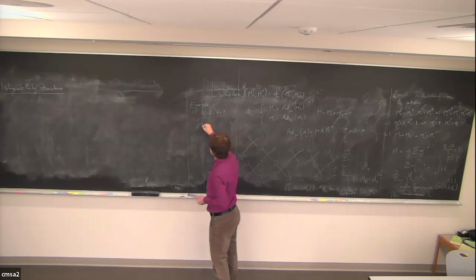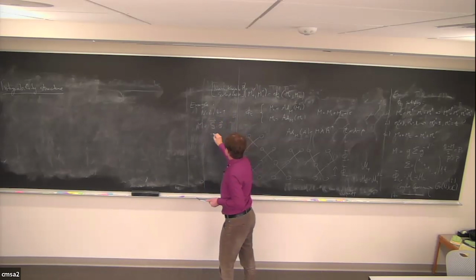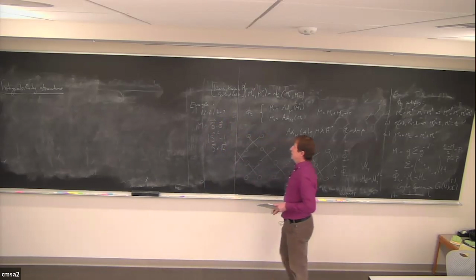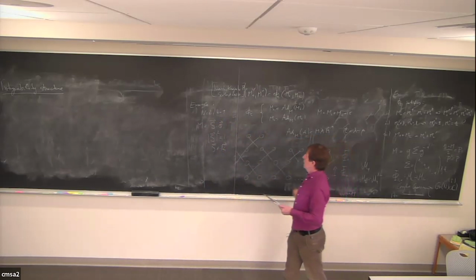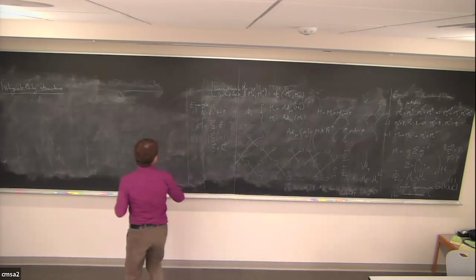Here these matrices are just S dot sigma, where S is a normalized vector from R3. So S is a point on a sphere, and sigma is a vector of Pauli matrices, and this has all the properties.